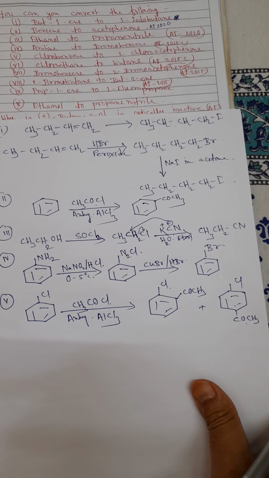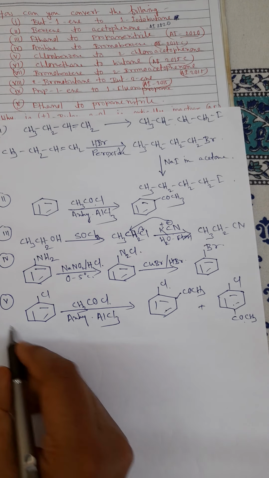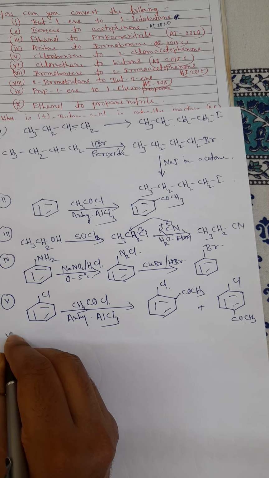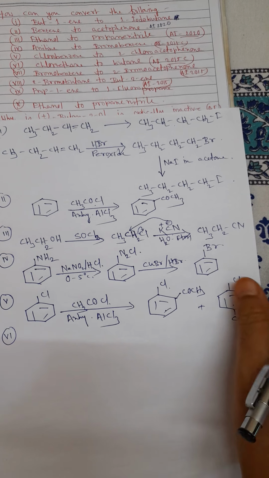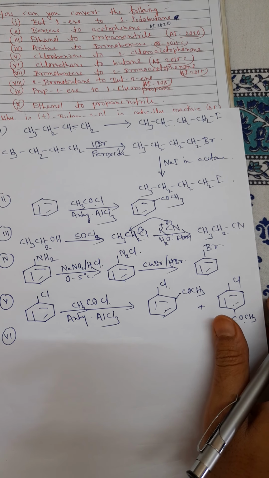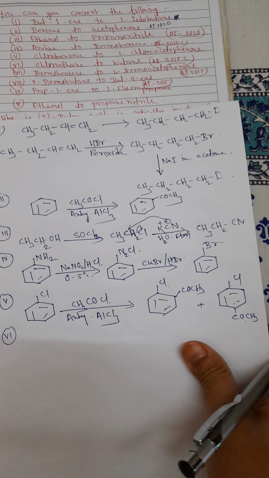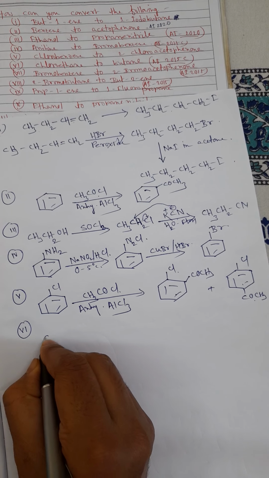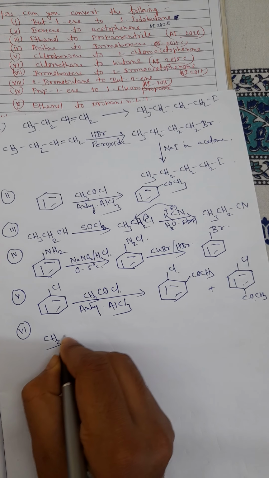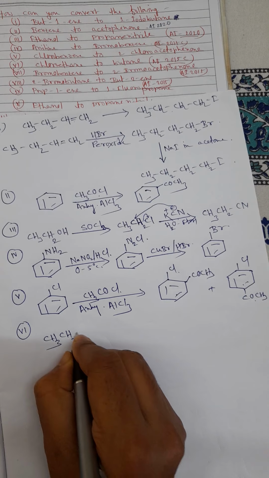Now let's come to the next question, question number 6. The question is chloroethane to butane. Chloroethane is CH3CH2Cl.